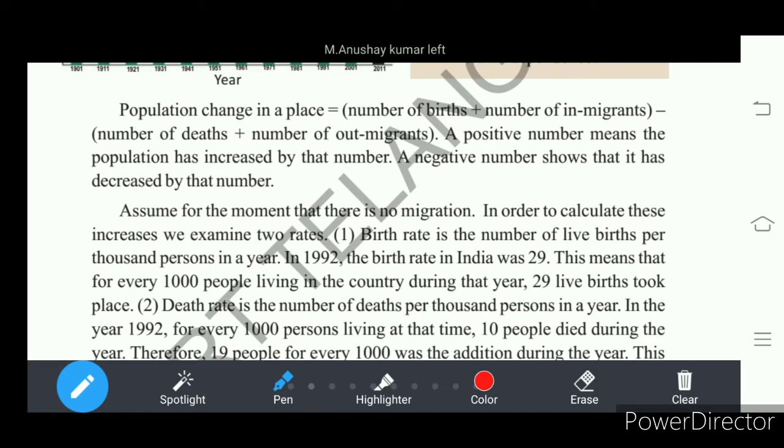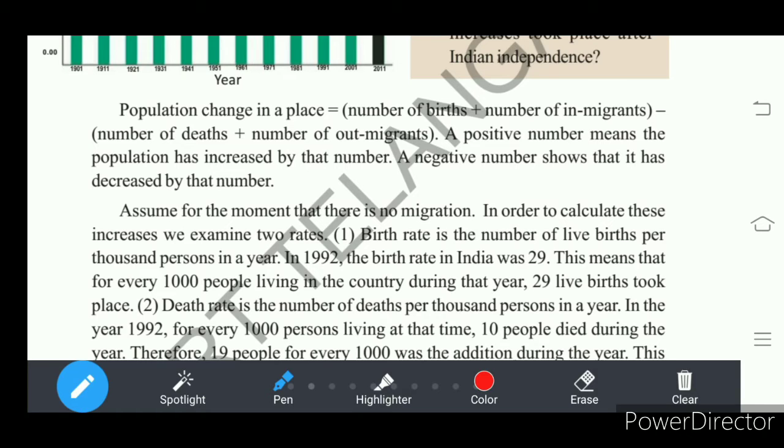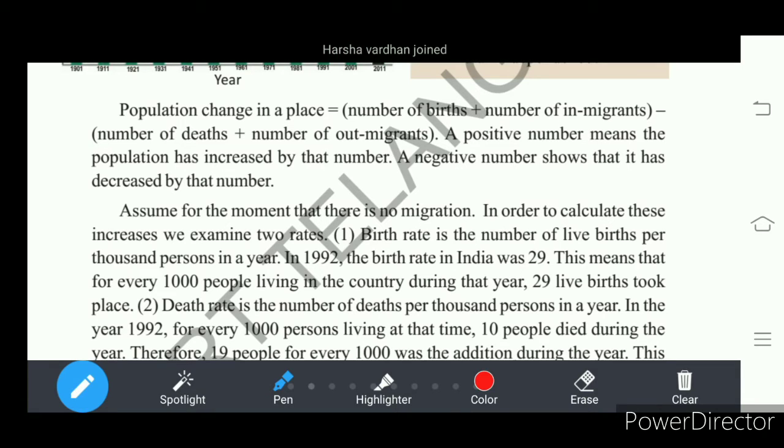Understand? So what is meant by birth rate here? Birth rate is the number of live births per 1,000 persons in a year. Look at here.